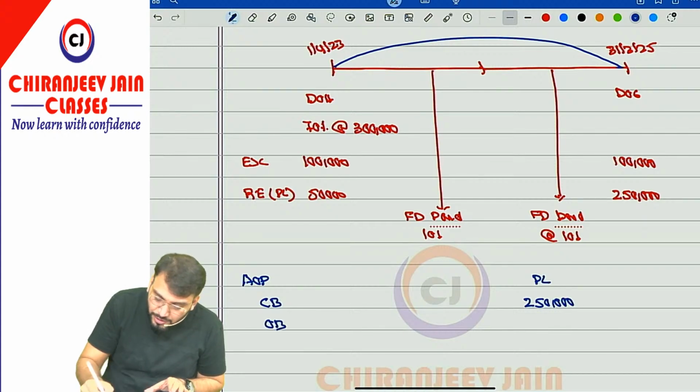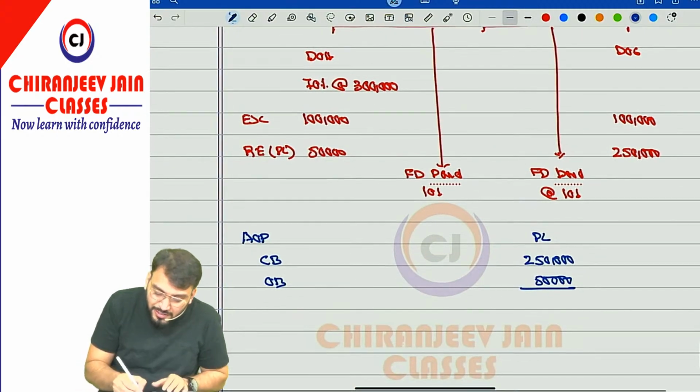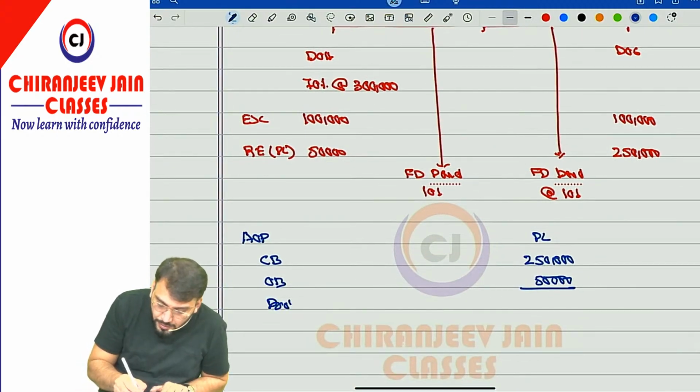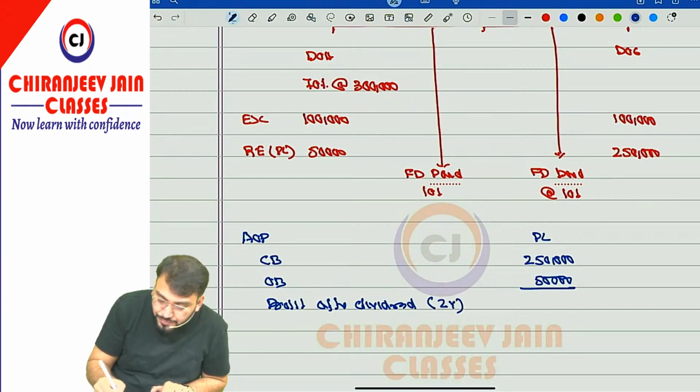Opening balance: how much? 50,000. So this becomes the profit after dividend for 2 years, that is 2 lakh. Now in this we will add the final dividend paid.